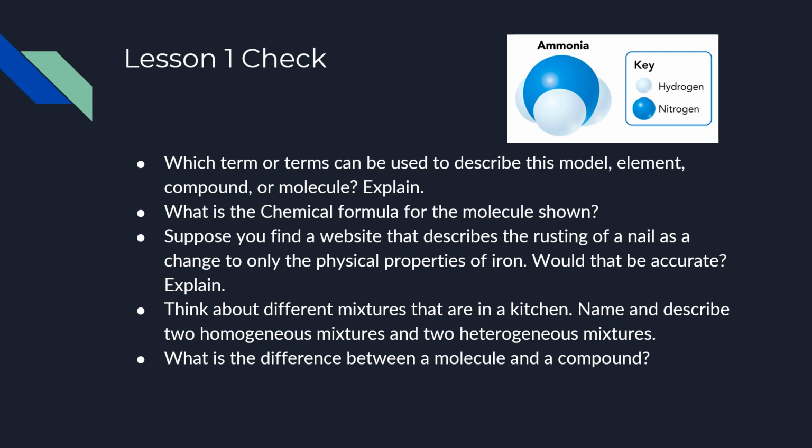So a molecule could be hydrogen or oxygen, which are 2 examples of elements that are frequently found together, meaning that they have 2 hydrogens together and 2 oxygens together. It's a lot more rare that you would just find an oxygen in regards to the element. So that would be a molecule. But a compound has to be 2 different elements within.